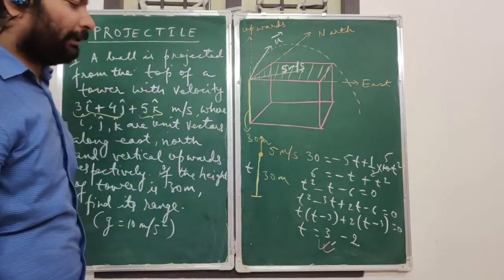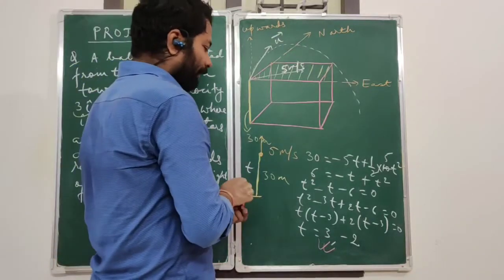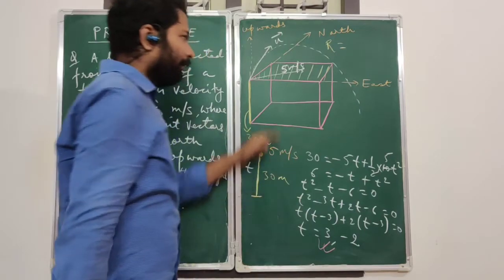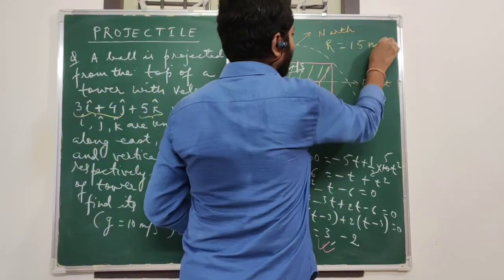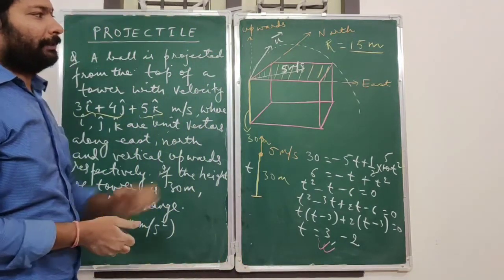So what will be the horizontal range travelled by it? The horizontal range will be time into velocity. So 5 into 3, which is 15 meter.